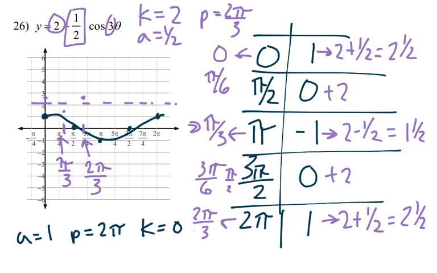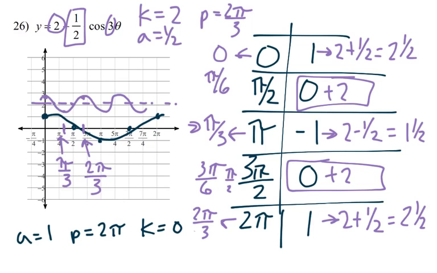So that one, they're still on the 0, or the midline, which would be 2. So that one's going to go right up here at 2, and then in between that right there at 2, on the midline, so we get that little guy just like that. So it's just going to keep going like that. But for us, we're good with just that much of it. So that one was kind of tough, right?